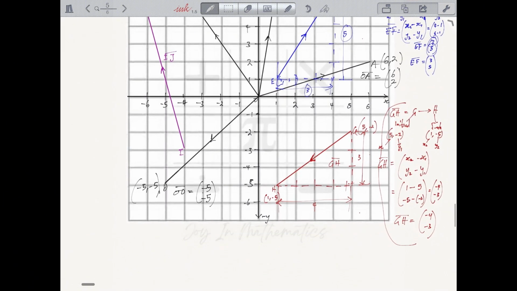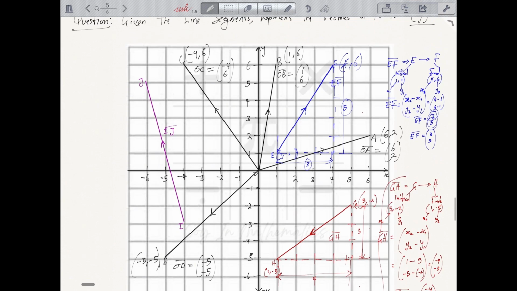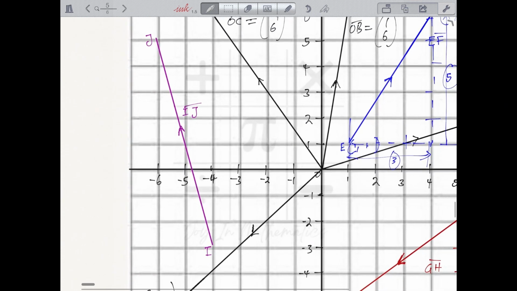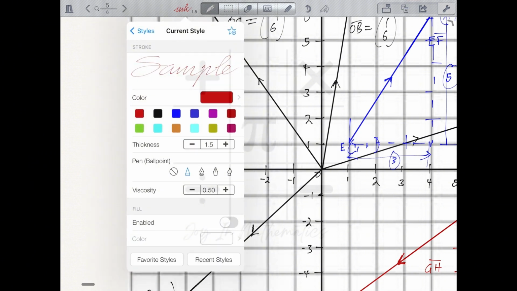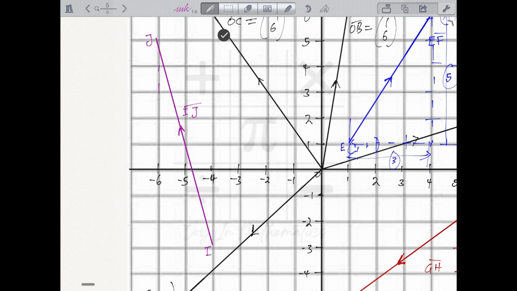Now we have IJ. In this one, let us just use the simple method. We just look at how much distance it has covered.